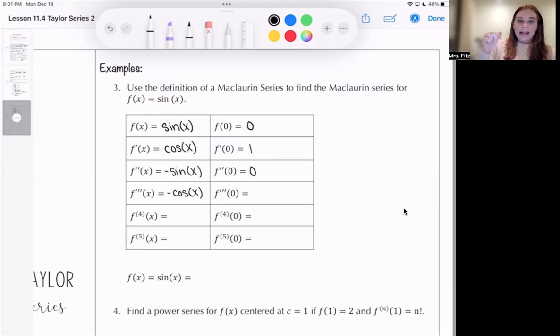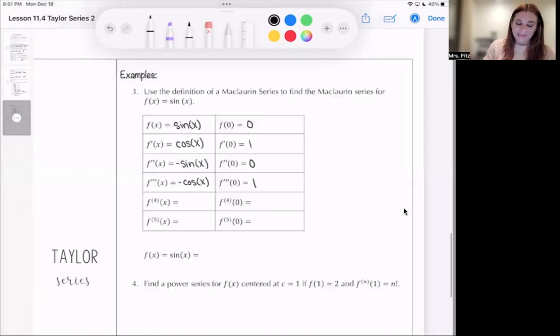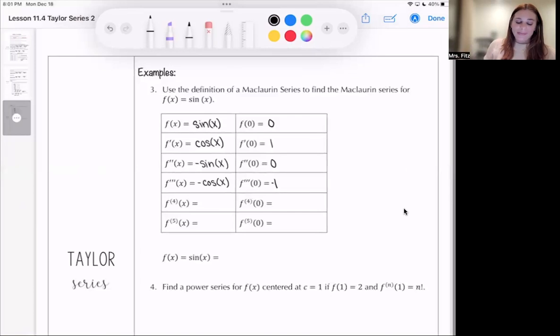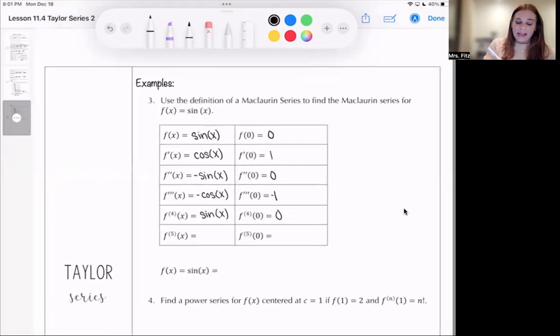We end up with negative cosine of 0, which is -1. And then the derivative of negative cosine of x is going to be positive sine of x. Sine of 0 is 0. And then the derivative of sine of x is cosine of x.